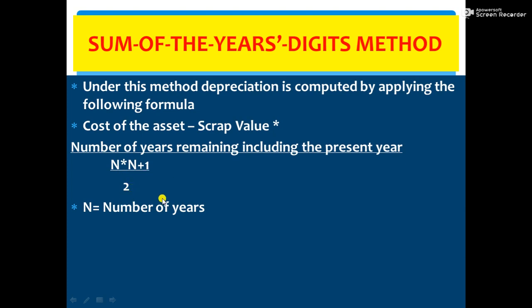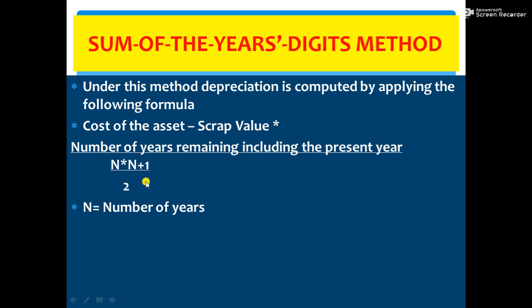N is equal to number of years. First we calculate the depreciable amount, that is cost of the asset minus scrap value, and that is the numerator, and multiply number of years remaining including the present year divided by n into n plus 1 divided by 2. N is equal to number of years.